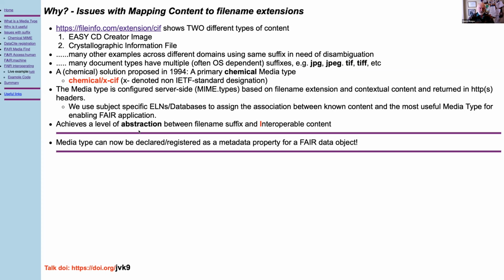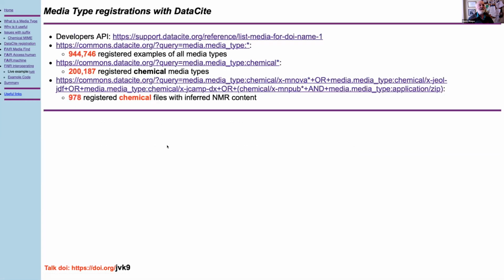In other words, the server is presumed to have other information which tells it the likely content of these file name extensions. In our case, we put that context in using ELNs and databases. And it achieves a level of abstraction between the file name suffix and interoperable content that can now be declared as metadata. This is how it works in practice.